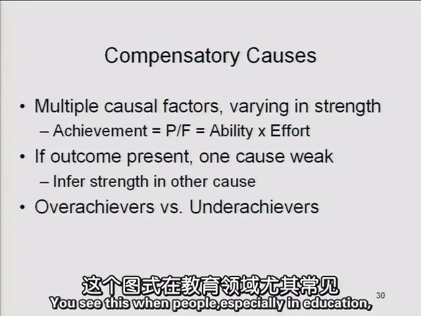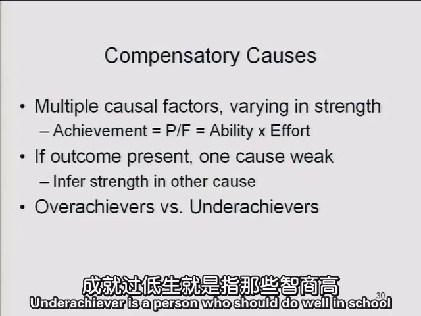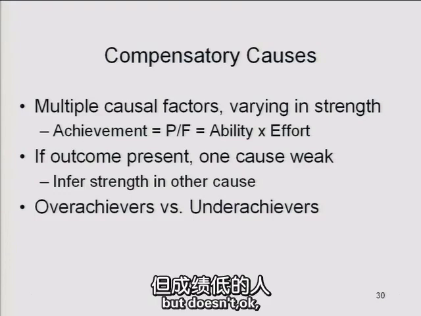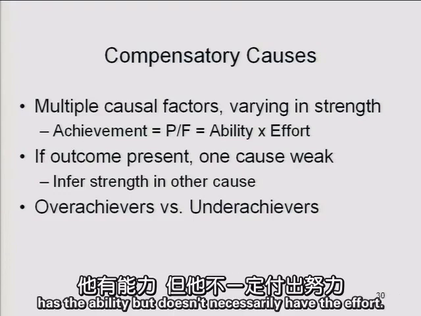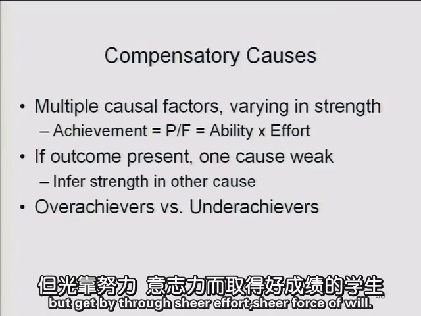You see this when people, especially in education, talk about overachievers versus underachievers. An underachiever is a person who should do well in school but doesn't, who has the ability but doesn't necessarily have the effort. Overachievers are people who don't have much ability but get by through sheer effort, sheer force of will.